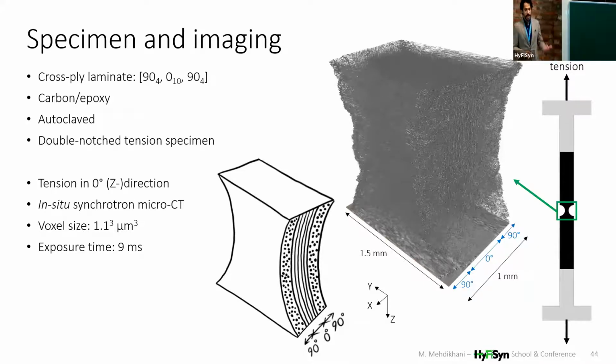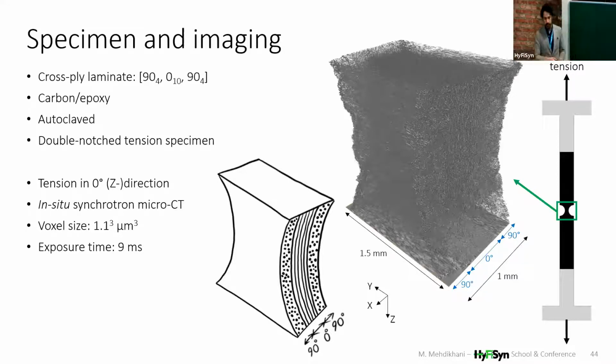The specimen here that we studied is, again, similar to what I just showed in previous slides. It's specimens prepared by the fiber mode guys, who did most of the time a lot of fiber break analysis on this type of specimen.